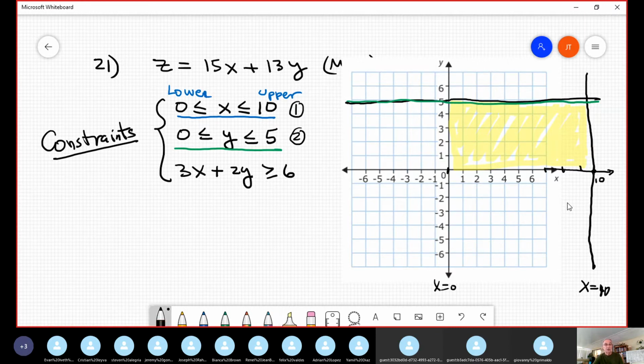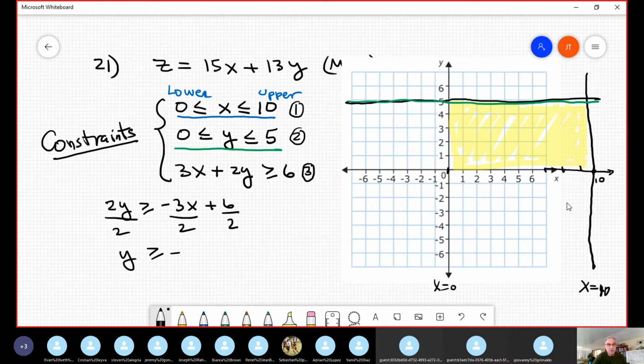But this is not the final answer, because I need to graph the third inequality. In the third one, I solve for y: 2y greater than or equal to minus 3x plus 6, divided by 2, so y is greater than or equal to minus 3 over 2 x plus 3.